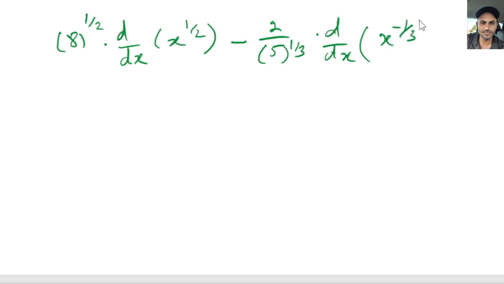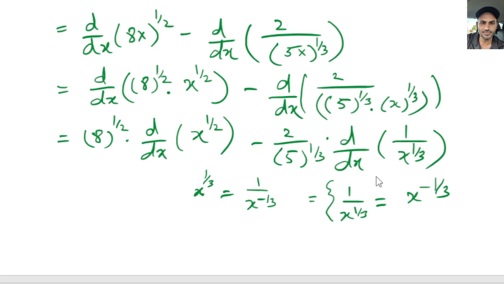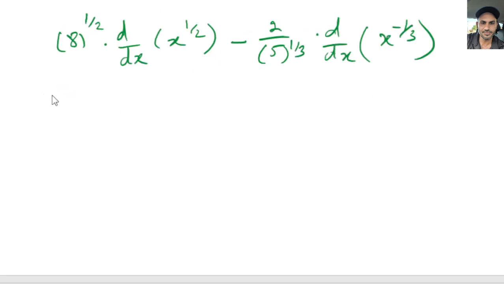Okay, so I brought the denominator into the numerator and wrote it as x to the negative 1/3. Now we can go ahead and take the derivative, since everything is simplified. For the numbers, I'm just going to put a square root on it instead of writing the exponent form. It looks better that way.